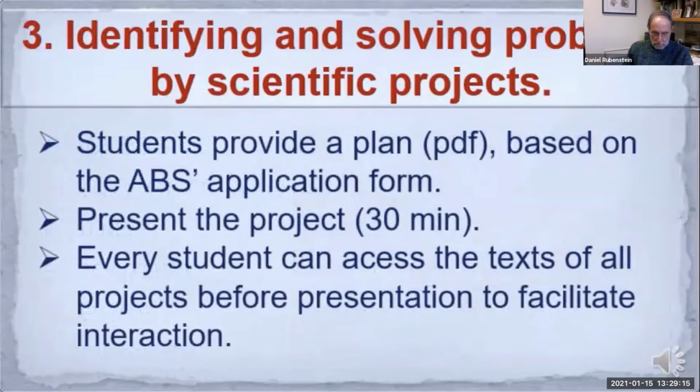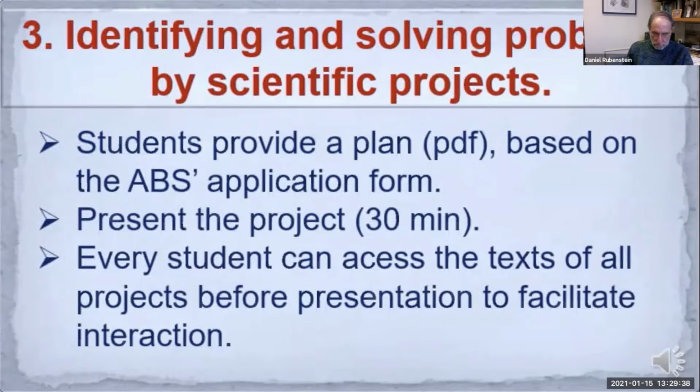At the end of this phase, students have to provide a plan, a text in PDF, based on the ABS application form. They also have to present the project. They have 30 minutes. At the beginning of this period, they present the project, and then they discuss with the audience, with the other students in the class.